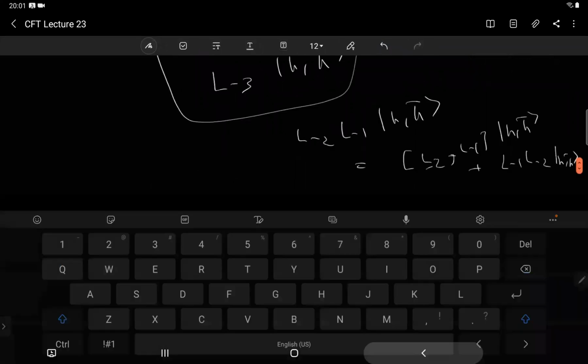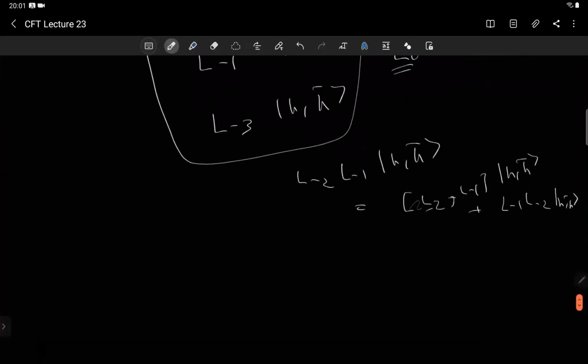Okay, and what is the L minus 2, L minus 1 commutator? It is given by n minus m times L n plus m, so n minus m means minus 2 minus minus 1, that means minus 1, times L n plus m, which is minus 3.